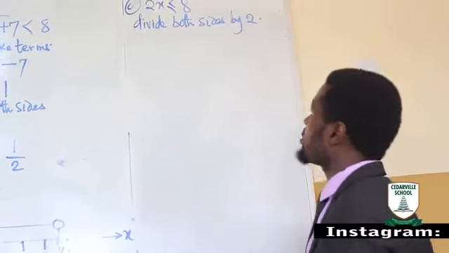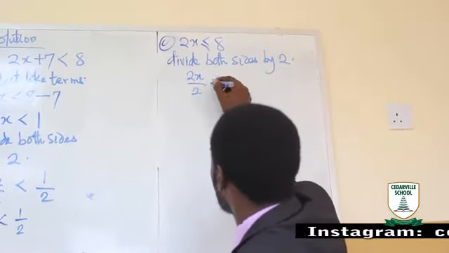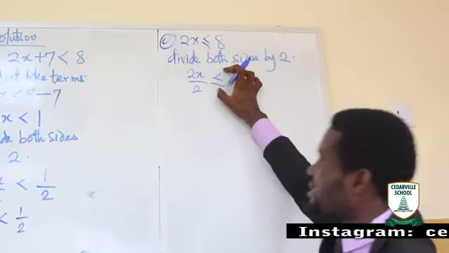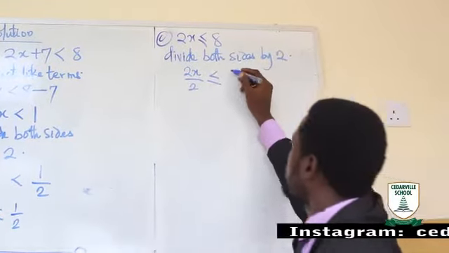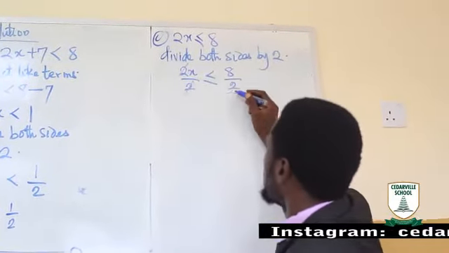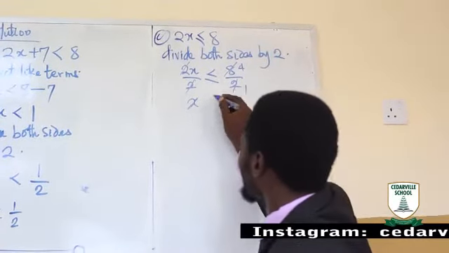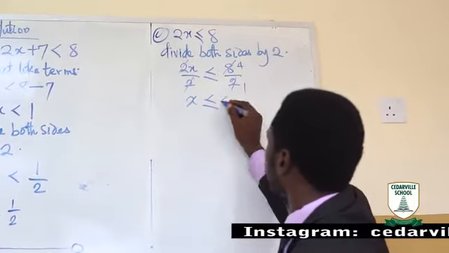And if you are dividing both sides by 2 here, we have 2x over 2 less than or equals to, this symbol is less than or equal to, this is 8 over 2. So 2, take care of 2 here. 2 here 1, 2 here is 4. Then x is less than or equals to 4.